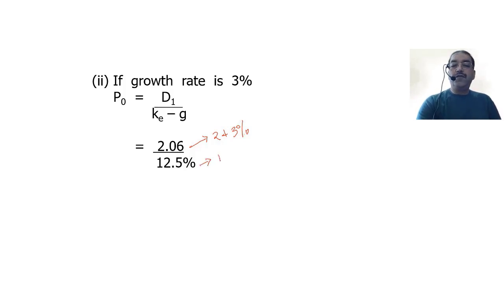It is 15.5 minus 3%. So 2.06 divided by 12.5% will give me 16.48 as the answer. So this is how we solve the question. Any difficulty?